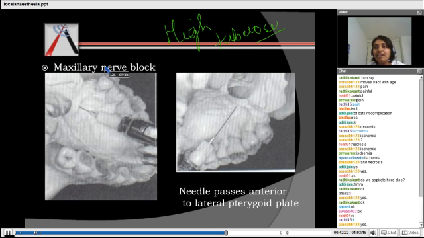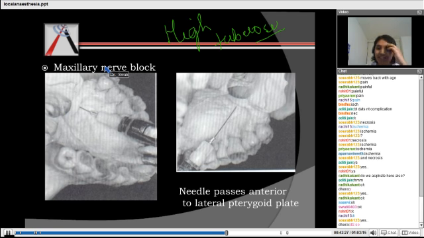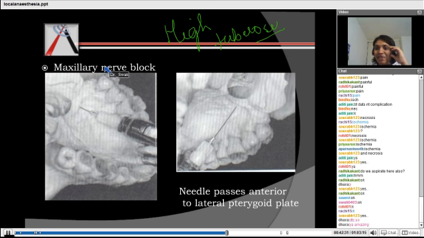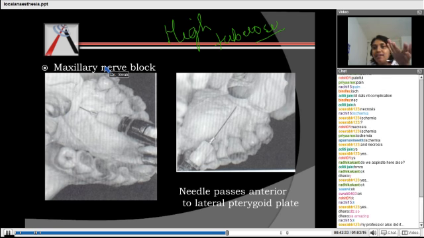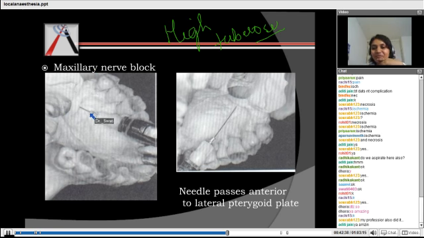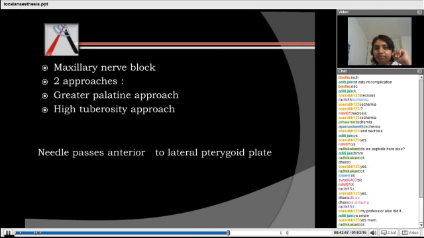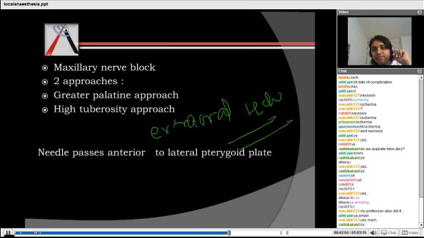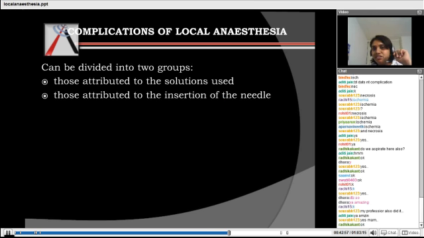I was amazed, where is the needle going inside? It was just going so deep inside, and it was so tricky. When we actually give a greater palatine block, even if we want to, it doesn't go inside. So this is the technique for maxillary nerve block. Okay, and the extraoral technique, I already told you, so that should be fine.